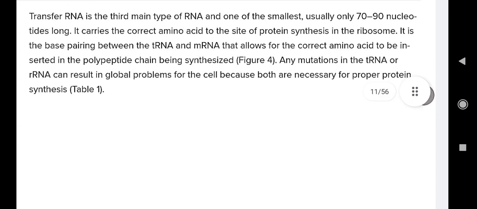Now if there are mutations in the tRNA structure, mutations meaning variation in the nitrogenous bases due to some chemical agents, or physical agents like ultraviolet radiation, x-rays or gamma radiation. Some chemical agents like ethidium bromide, carcinogenic agents you can say, cause them to mutate.